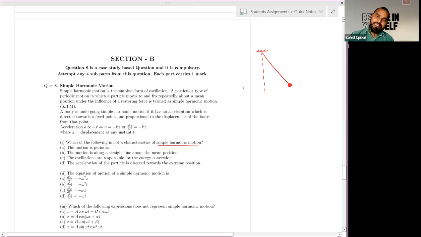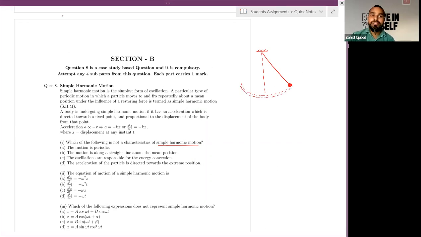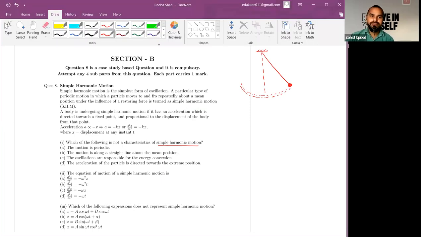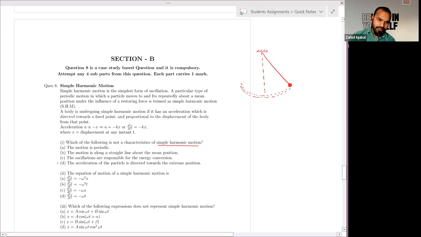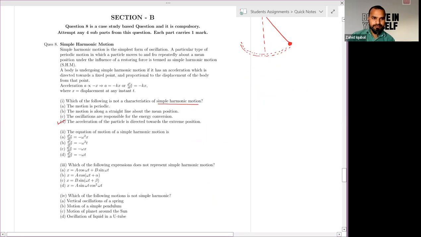So it will always be attracted towards the mean, or tend to move towards the mean position. So you can say acceleration is always directed towards the mean position. So this is the incorrect statement related to simple harmonic motion. Second question, the equation of motion of simple harmonic motion: the second derivative, that is acceleration, is equal to minus omega square x. So it will be option A.